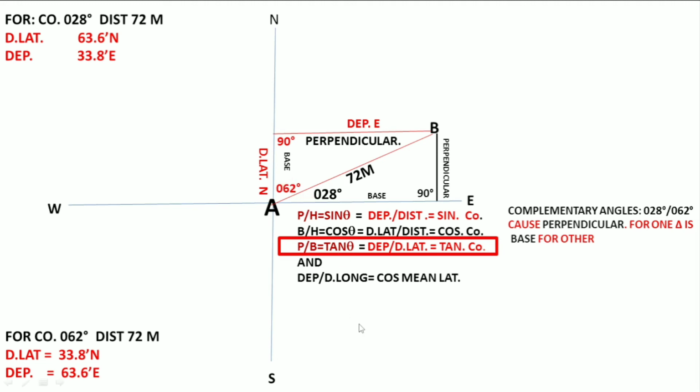And this is relevant when we will be talking about and looking at the traverse tables. Now, you can see here, my perpendicular has become the departure here, which is lesser value than the value here, and this is my D.LAT, which was the D.LAT here. So this we'll just take it out when we start talking about traverse tables here.